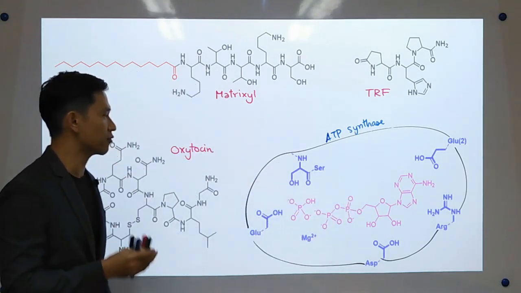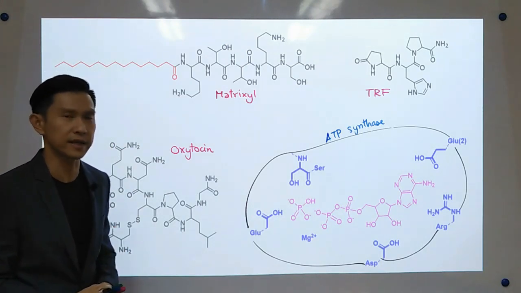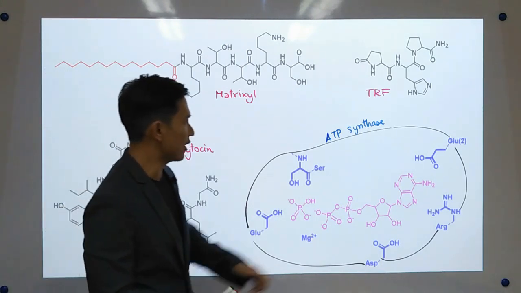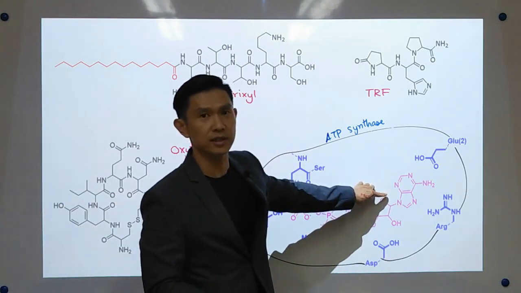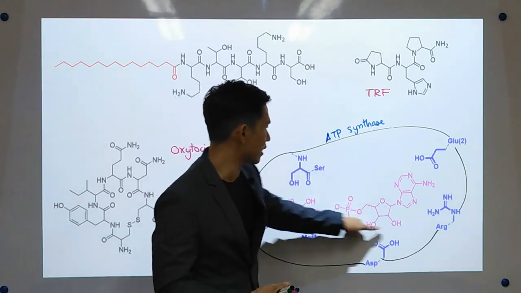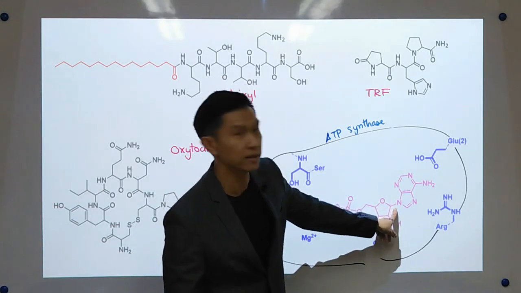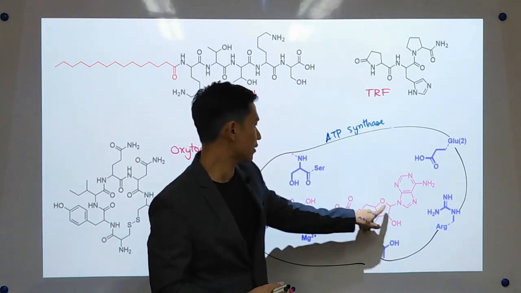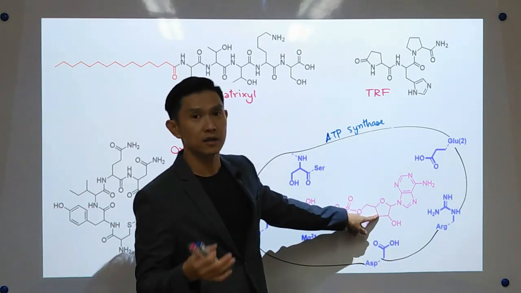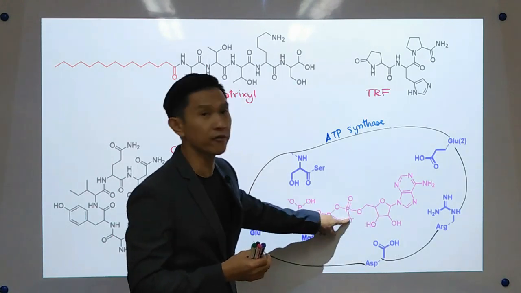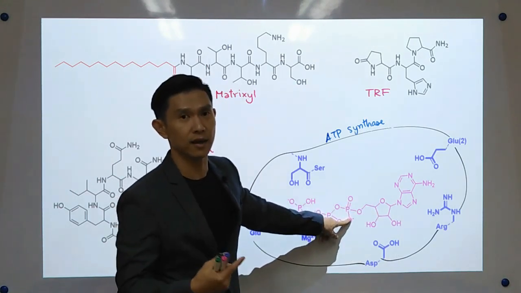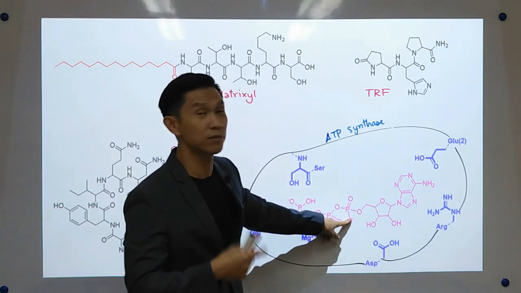What have you learned from the topic of nucleic acids? We have the adenine unit, which is the nucleobase, linked together with the ribose sugar by a glycosidic bond. And then your ribose sugar is normally condensed with phosphoric acid, and you have AMP, adenosine monophosphate.